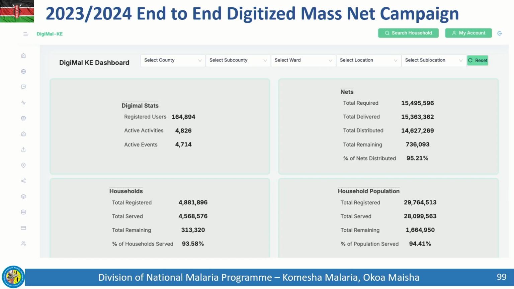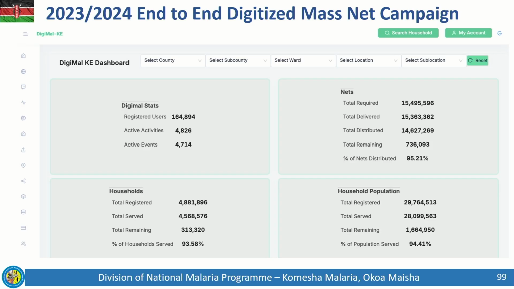This was a game changer because we realized that by digitizing this, we were able to actually track the net to the actual recipients. And with the next campaign that is coming, we had to make some changes based on the data that we got, because as you can see, we had very good coverage, with population covered at 94 and household covered at 93.